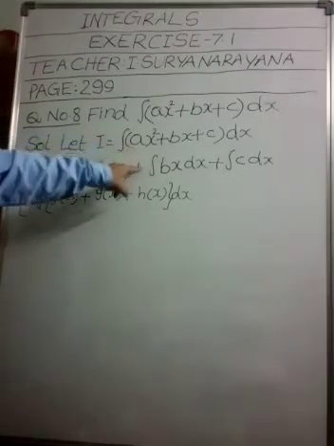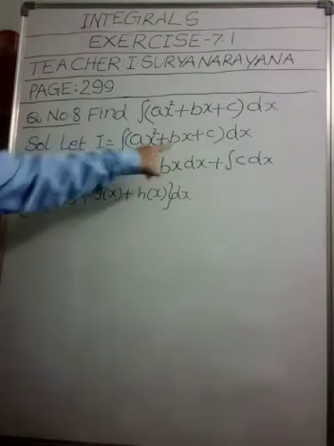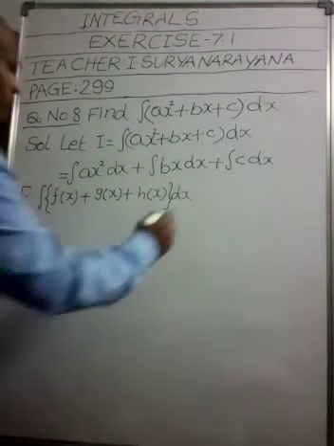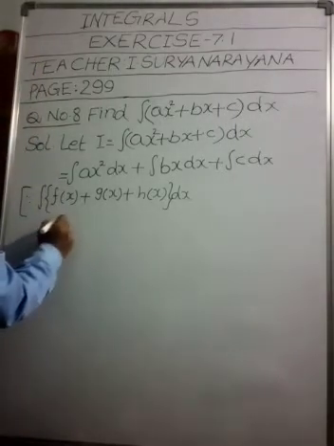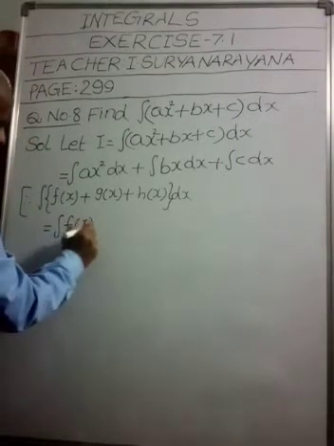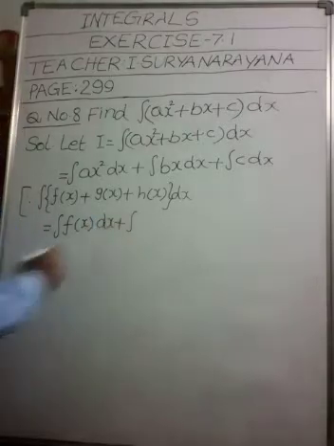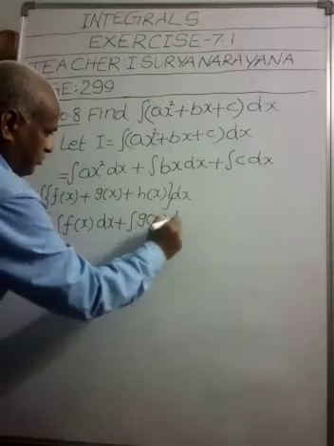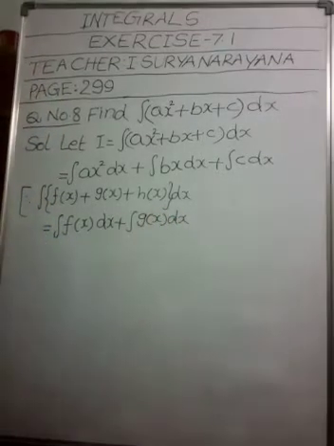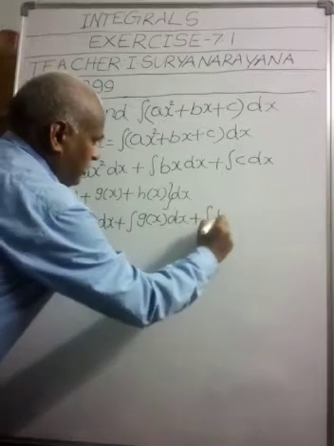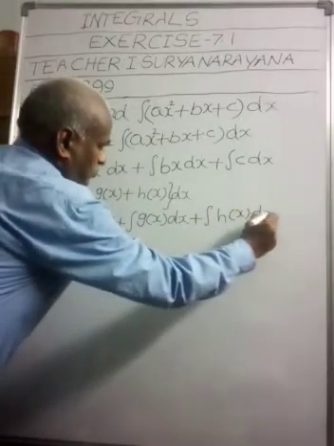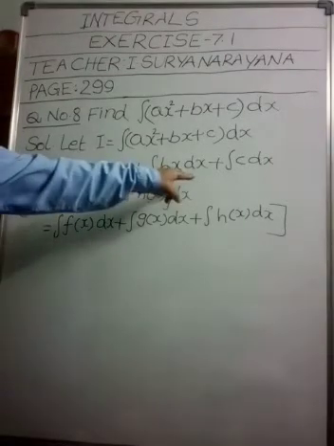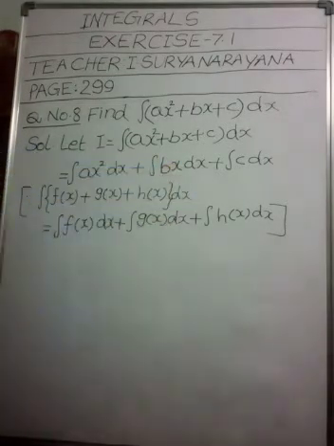Let us assume that the first term is f of x, second term is g of x, and the third term is h of x. Then we can find integral f of x dx plus integral g of x dx plus integral h of x dx. By using this property we wrote this step. Understood this step my children, right?